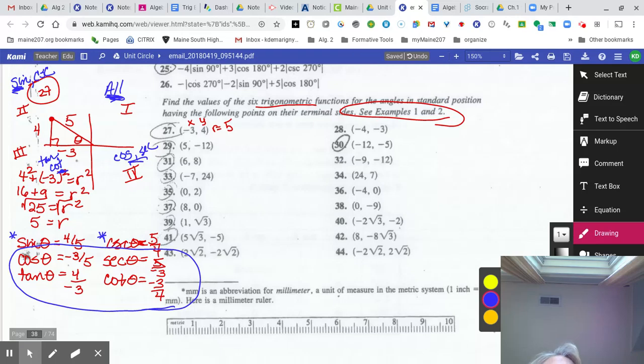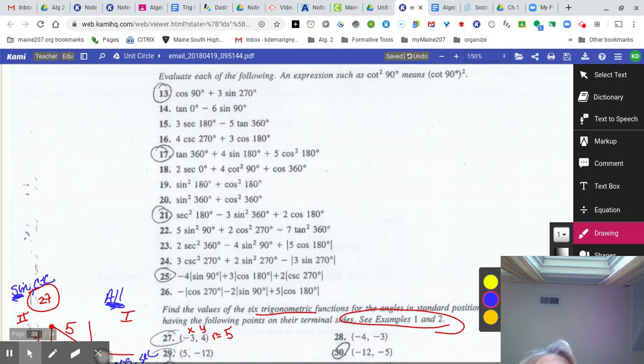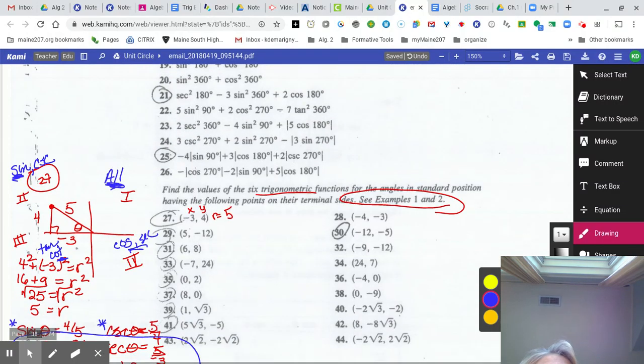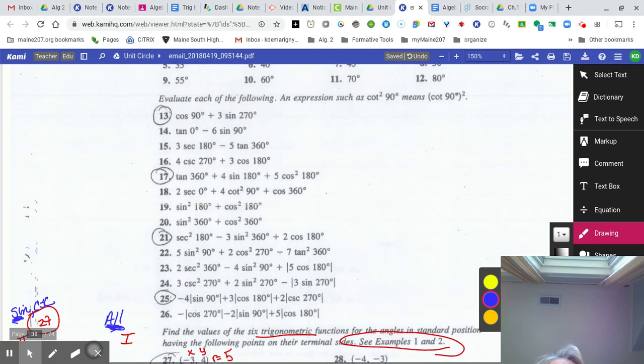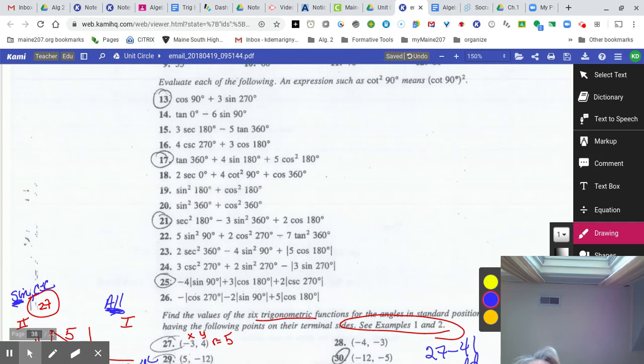Okay, so I got really distracted here about doing your homework. So I'm asking you to do on this page, you're going to do the 27 through 41. So you've got 27 to 41 odd. And then you have 13 to 25.